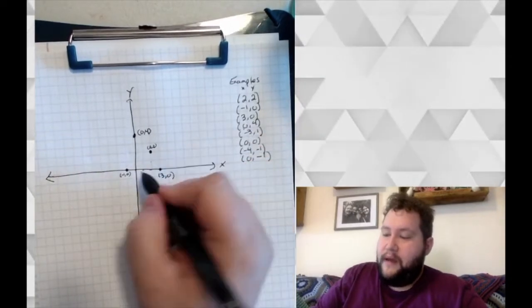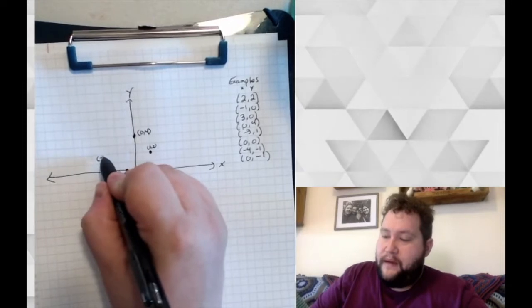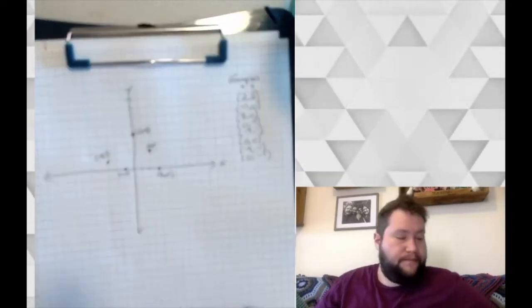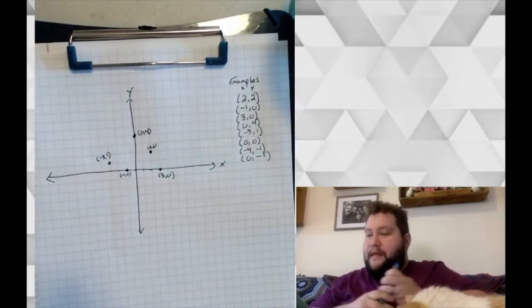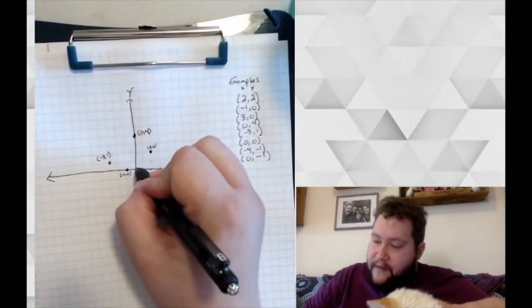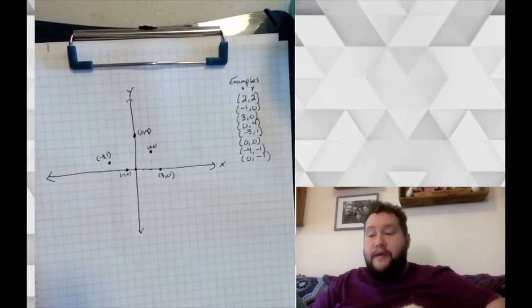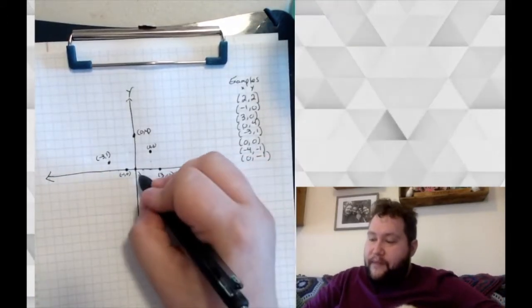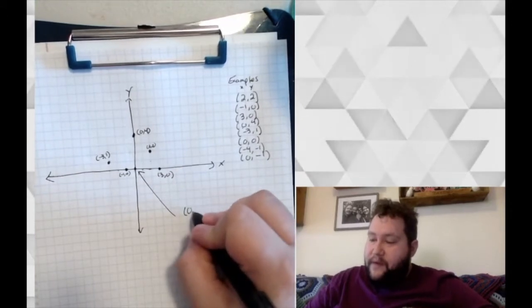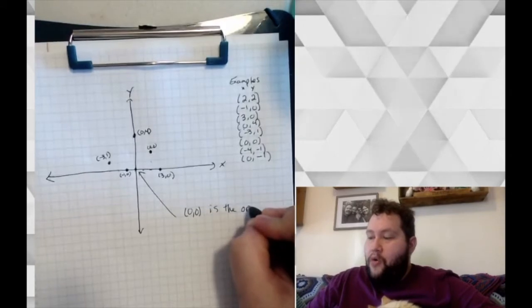-3, 1: x is -3, y is 1. And then we have 0, 0. That's this point where the two axes meet. This point in the middle has a special name. 0, 0 is the origin.